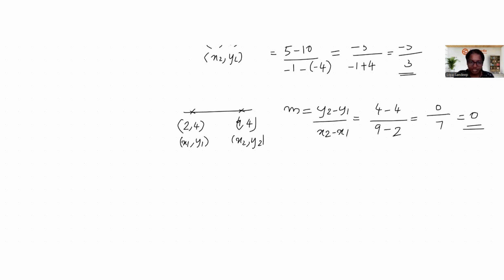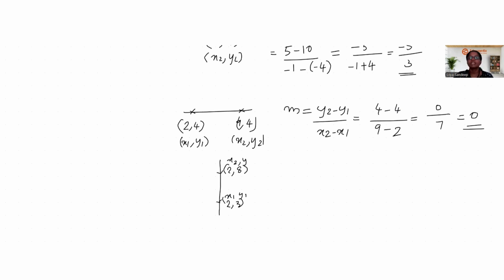Okay, finally, we can take one vertical line. This is a vertical line. So I'm going to take 2 points on it. The first point, let it be 2, 3 and the next point 2, 8. Okay, let this one be x1, y1 and this be x2, y2.